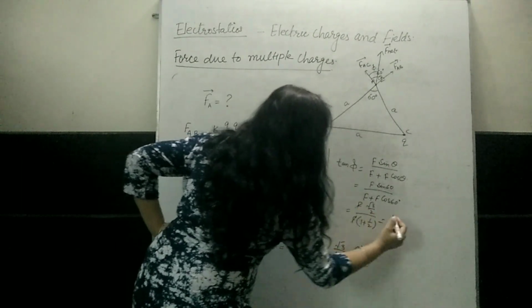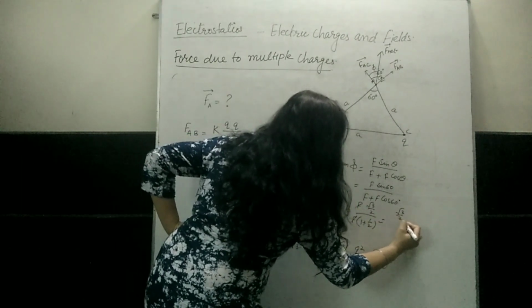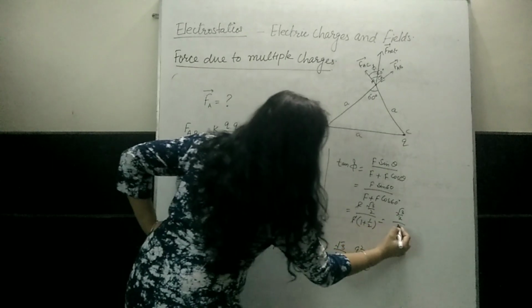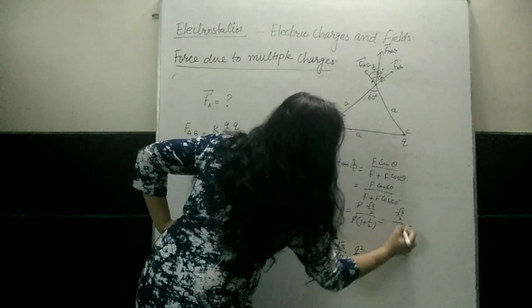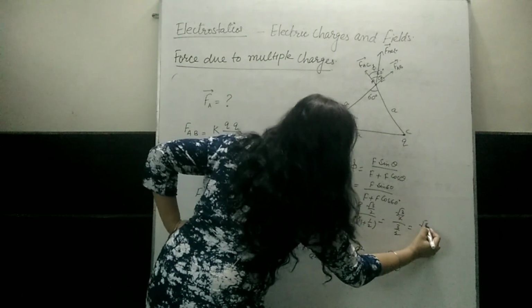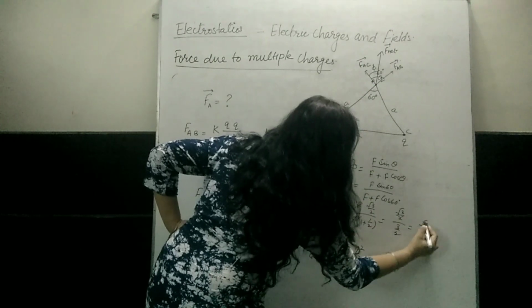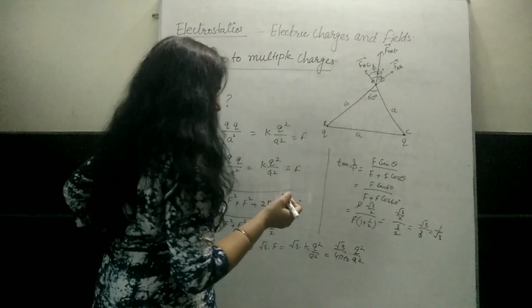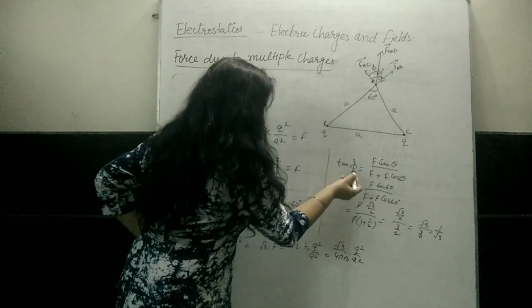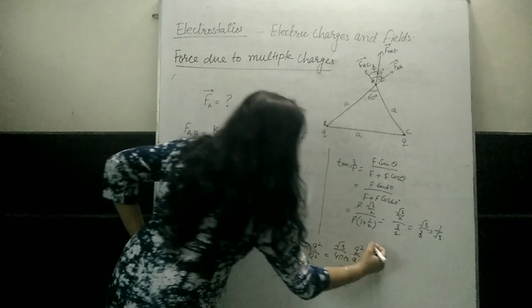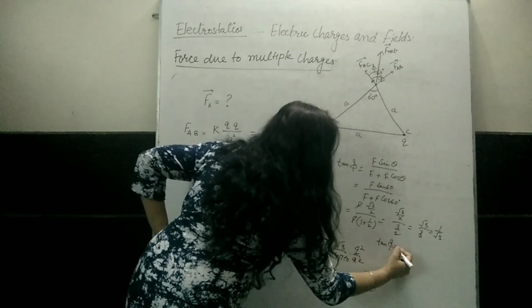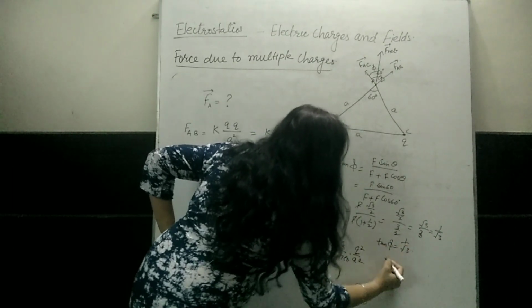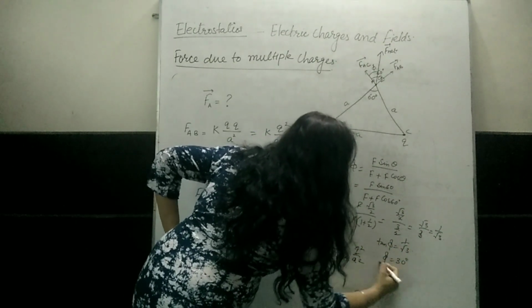So F gets cancelled, root 3 by 2 over 3 by 2, the 2 cancels, so we are left with root 3 over 3, or 1 by root 3. And when tan phi is 1 by root 3, phi would be 30 degrees.